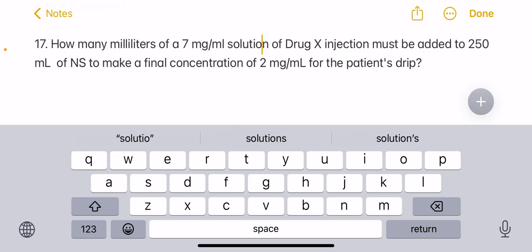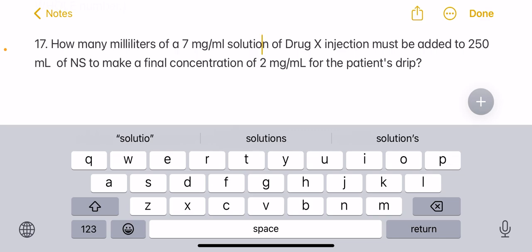So you can use alligation, but since alligation needs three different concentrations from the same drug, you have to think of what is the third concentration, because they only have 2 here.